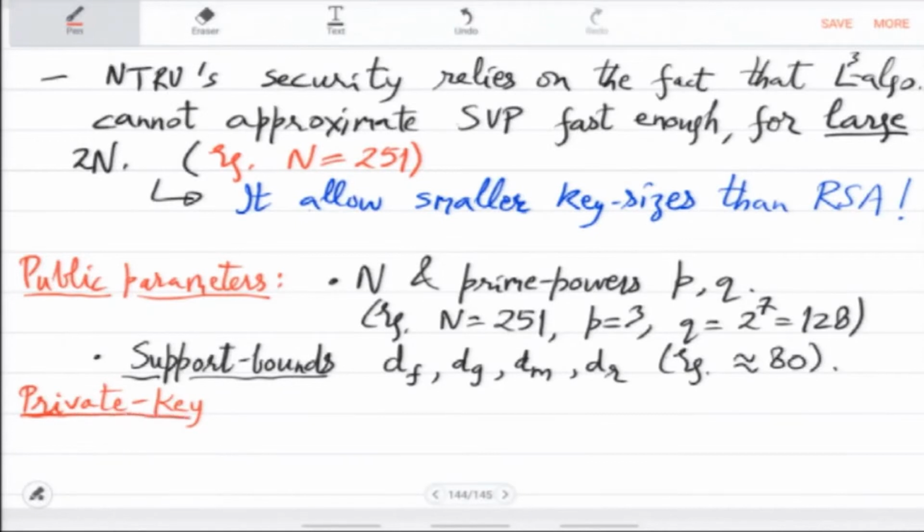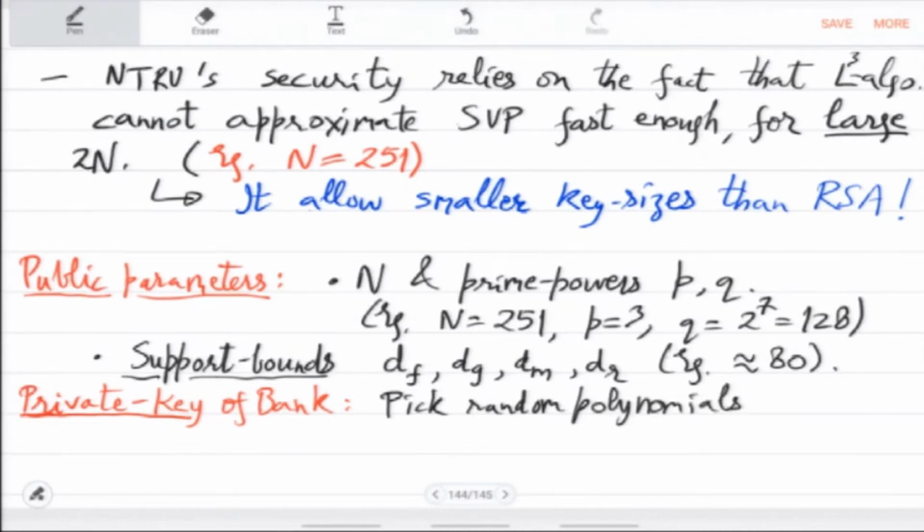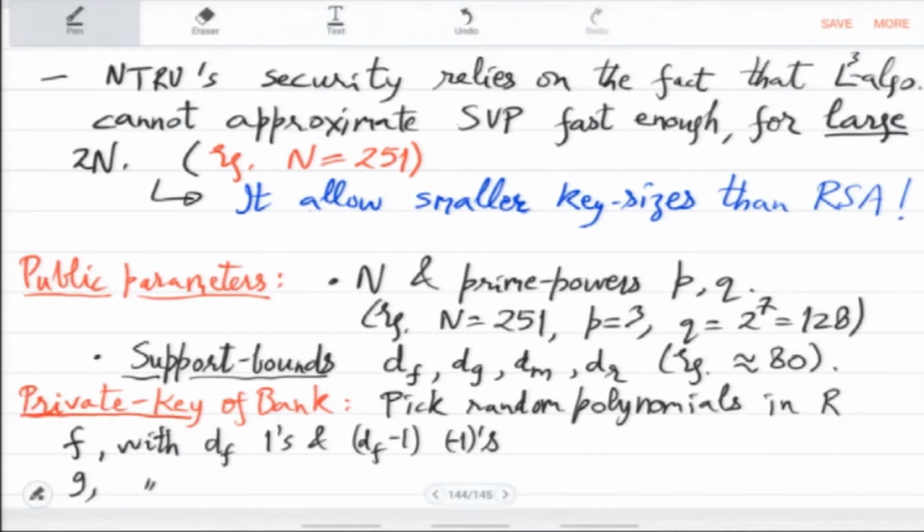So the private key of the bank is this: pick random polynomials in R. One will be f with df many ones and one less minus ones, and g will be dg many ones and that many minus ones.